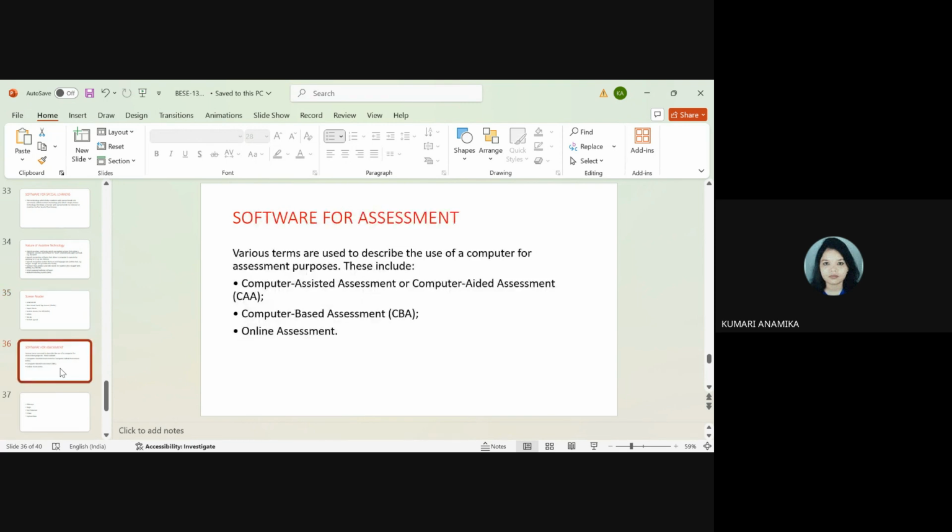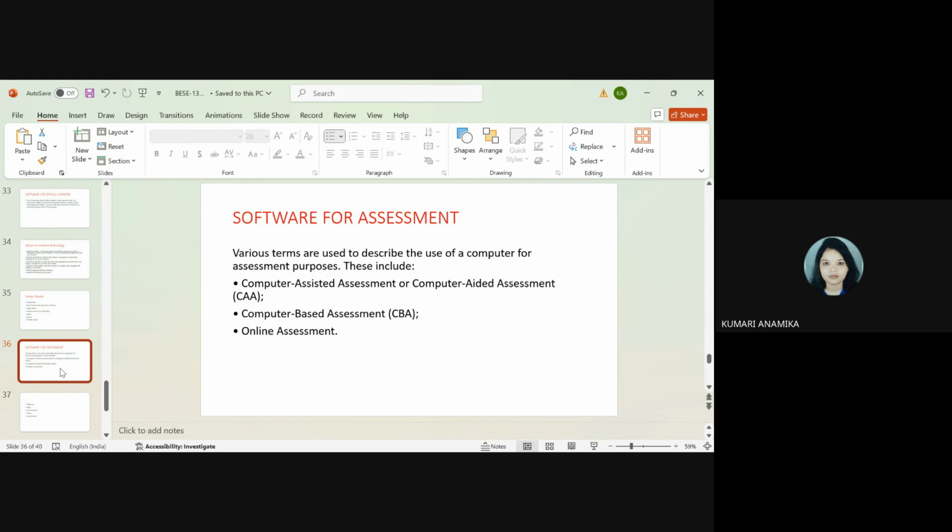Next we will see there is software for assessment also. Various terms are used to describe the use of computers for assessment purposes. This includes computer assisted assessment or computer aided assessment, or computer based assessment, I mean CBT, computer based test.